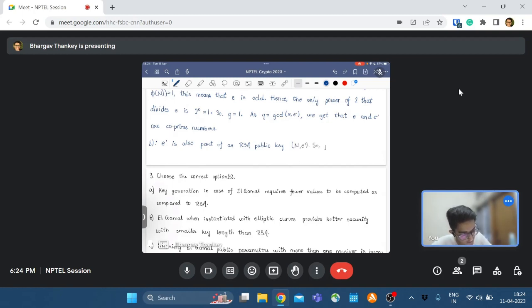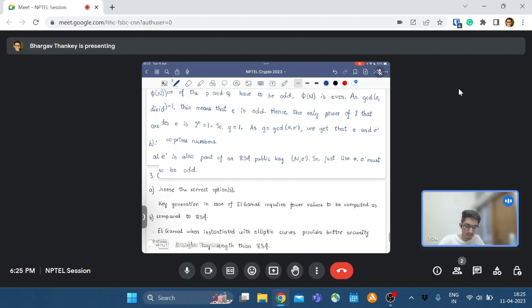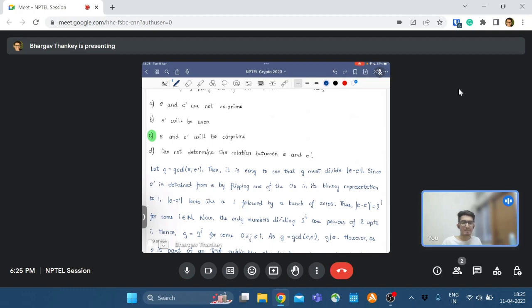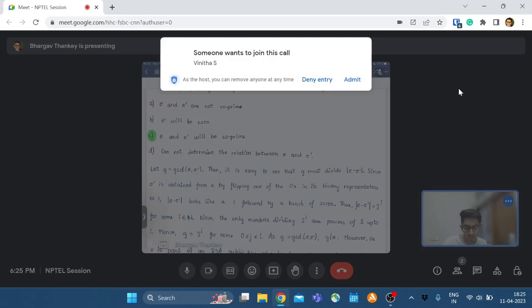So just like E, E prime must also be odd. And since option B says that E prime will be even, option B is false. So the only correct option is C.